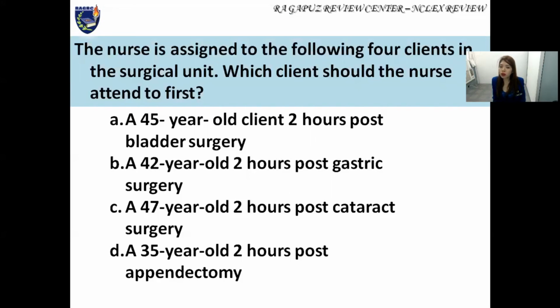So all you have to do is look for an incision near the diaphragm. So remove letter A, bladder surgery. Also remove letter C, cataract surgery. So between gastric surgery and appendectomy, which do you think is near the diaphragm? You are right. So your answer would be the 40-year-old, 2 hours post-gastric surgery.